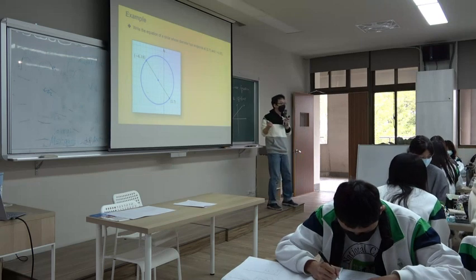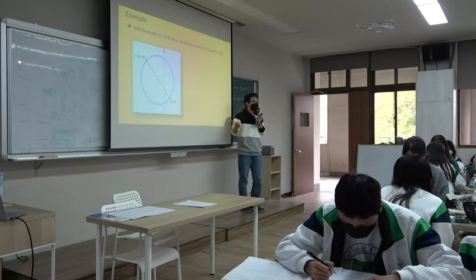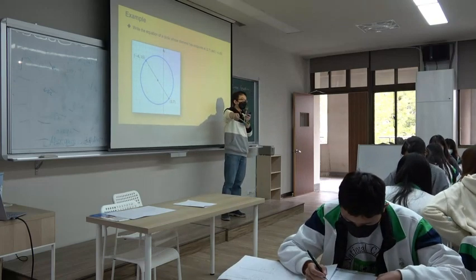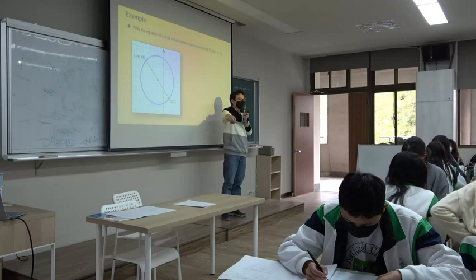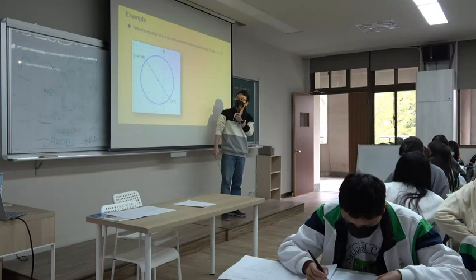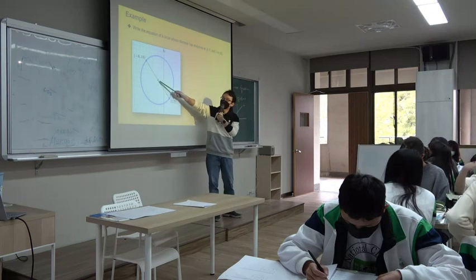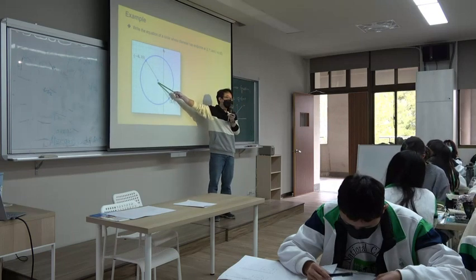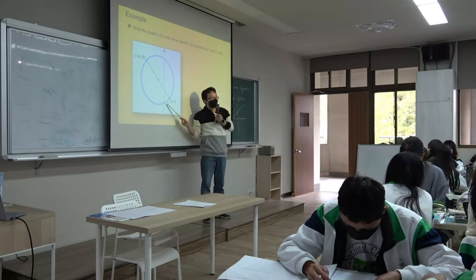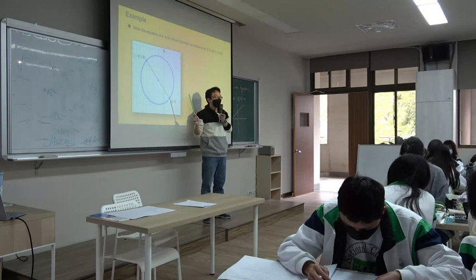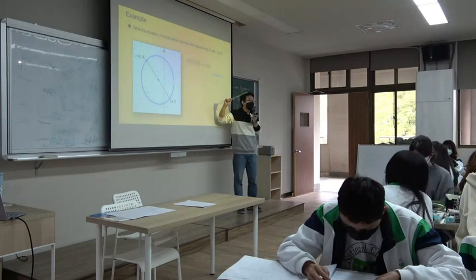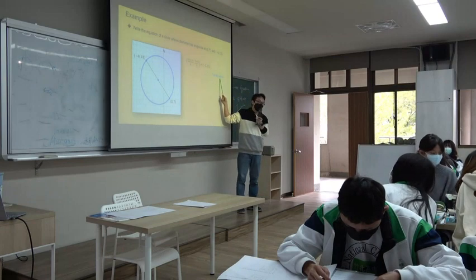Okay, how to find the center? How to find the center? Anybody? 相加除以2，为什么相加除以2？Okay, because the center is the midpoint of any diameter. So we can use the midpoint formula to find the center.